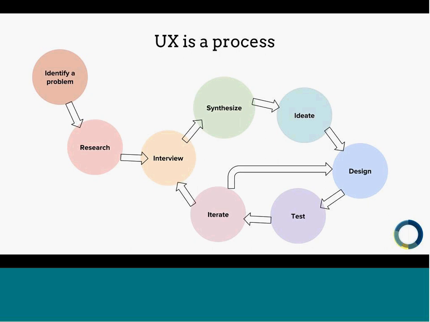So we start with a problem, we identify a problem, and next we move on to conducting research. That research can include a lot of things. For example, it can be identifying users. Who are the users that are affected by this problem? Who are the people? What systems are they using when they are dealing with a website or an app? And once we do our research, we conduct interviews with those users.